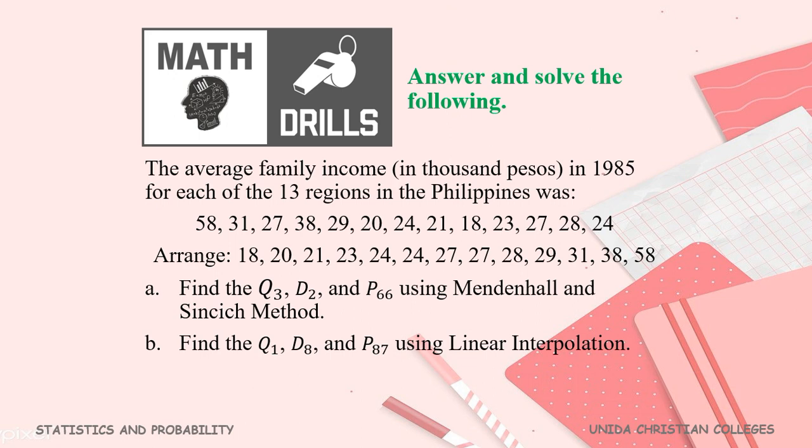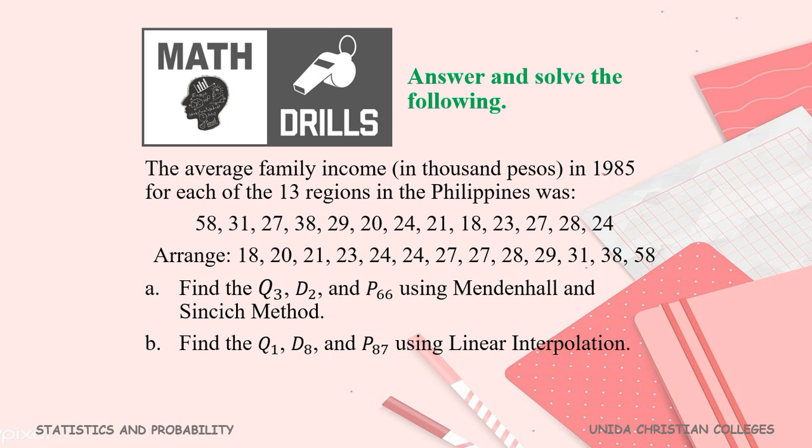So, all you have to do is to arrange. And then, given na po yung arrangement natin, letter A, you will find the third quartile, second decile, and 66th percentile using the Mendenhall and Sinsich method. Ibig sabihin, sa position po, may round up, round down, and round off.